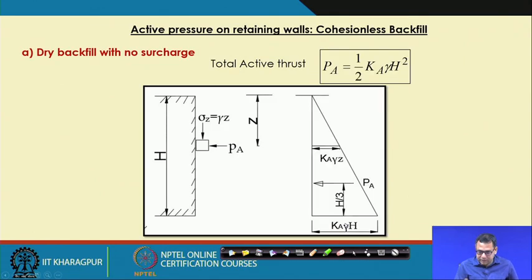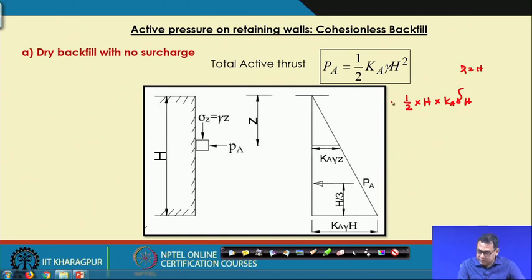Then how will we get the force from this pressure? It is making a triangle, so the area of this triangle is half into the height h, if the height of the wall is h, into K a into gamma into h, here z is equal to h.